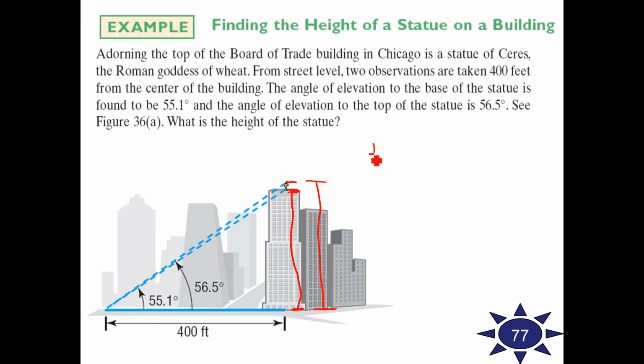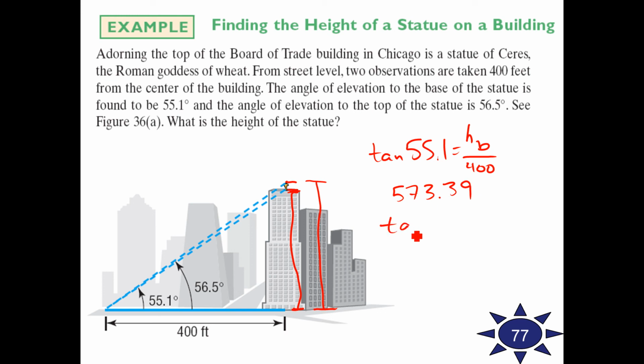So, tangent of 55.1 equals all the way to the top of the building. Let's call that height sub b over 400. I've already plugged that into the calculator, and if you plug that in correctly, you get 573.39.